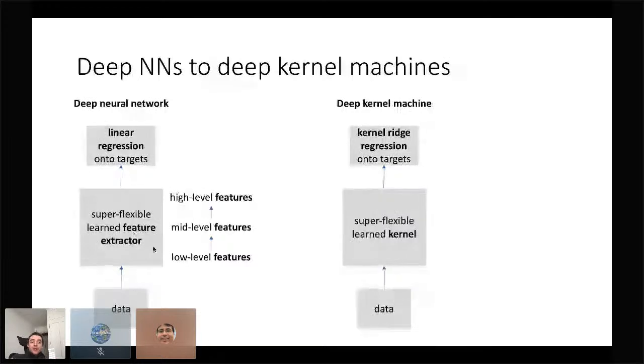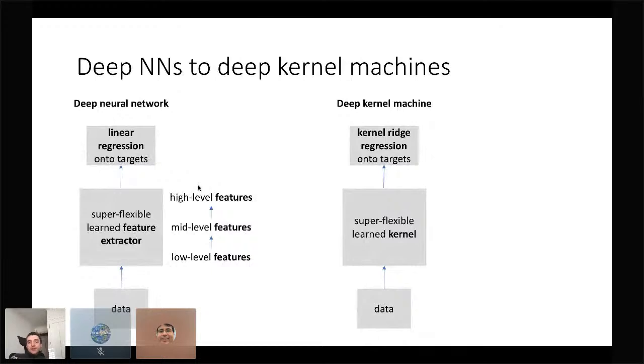At a high level, they take the data, transform it into some low-level features, then flexibly transform those into mid-level features, then flexibly transform those mid-level features into high-level features, and then they do linear regression based on those high-level features.